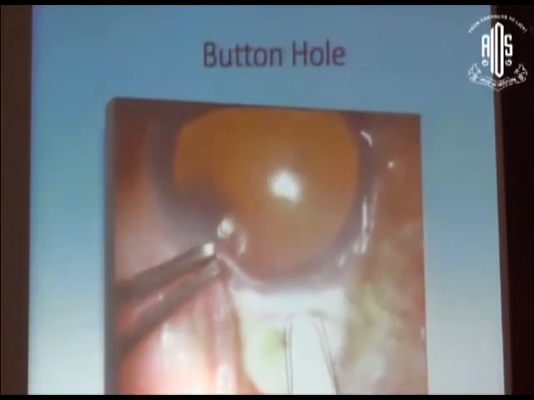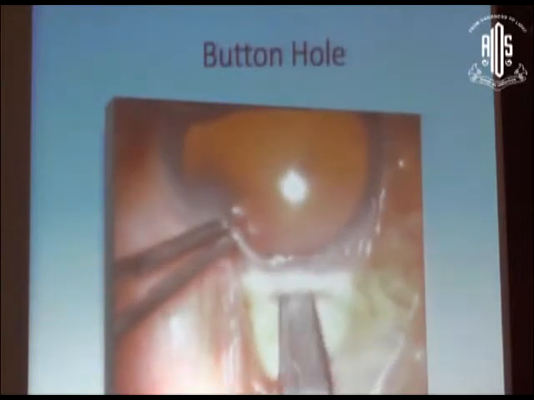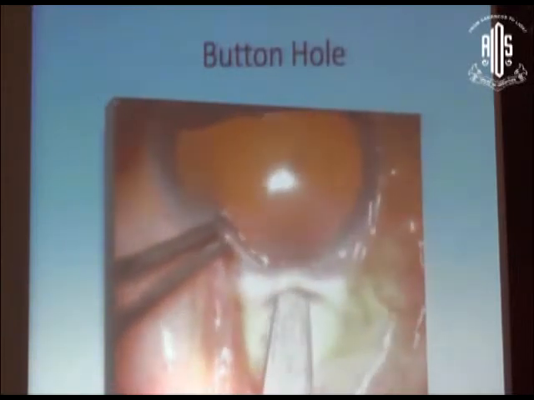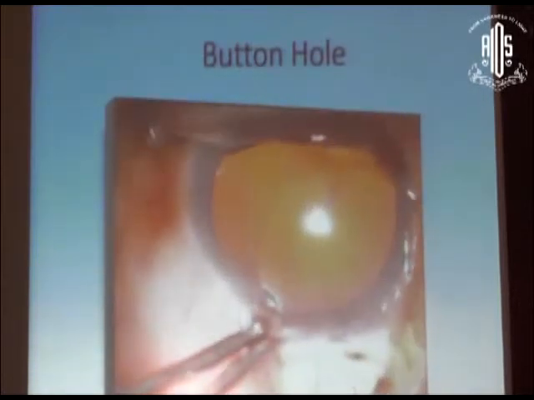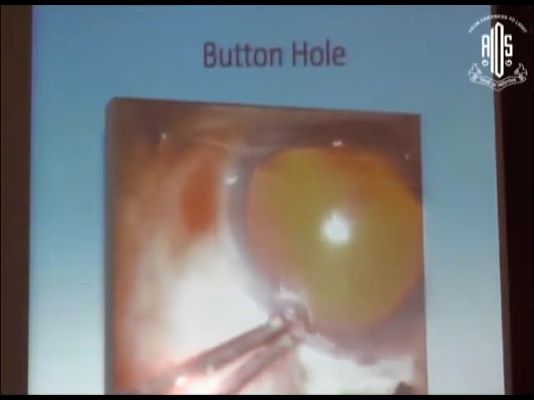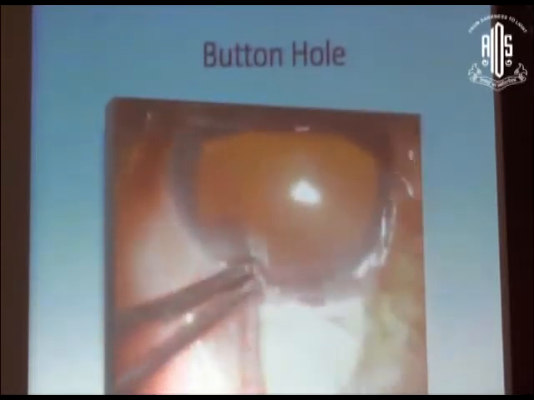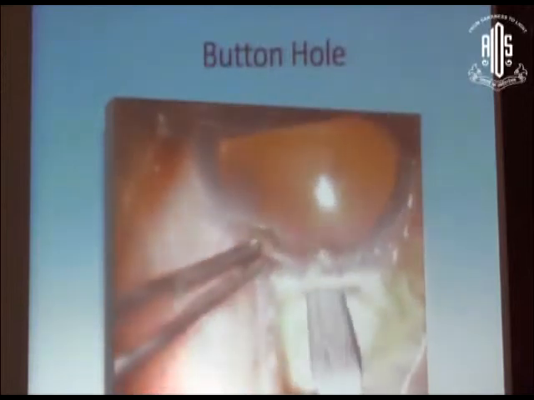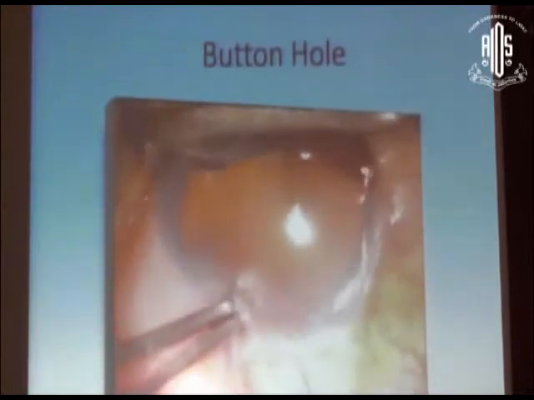While we are dissecting, as soon as we notice that we are not respecting the contour of the globe and there is buttonholing, we may again with the crescent blade make the dissection a little bit deeper. Then go forward with respect for the contour of the globe.